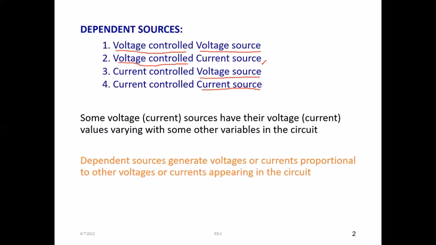In the same way, by varying the regulator you can vary the speed of a fan. Once you vary the regulator, automatically the voltage applied across the fan will increase, thereby the speed increases. So in many control applications, the control logic can be represented with dependent sources.